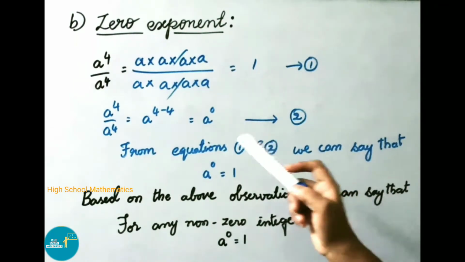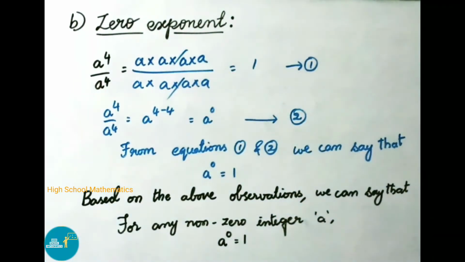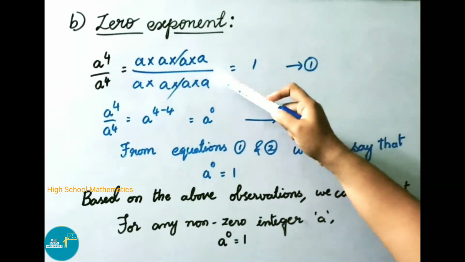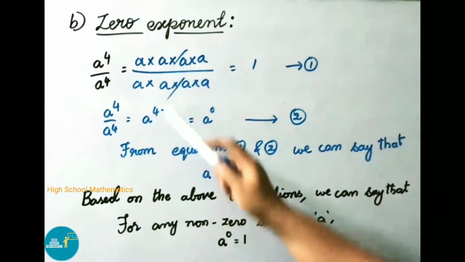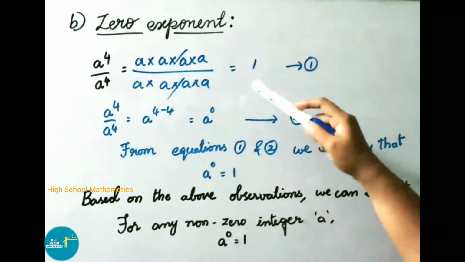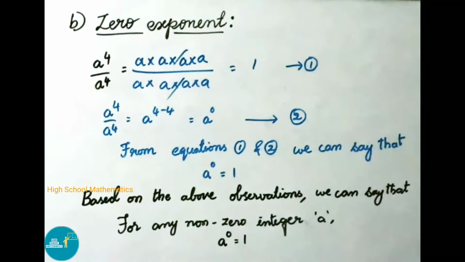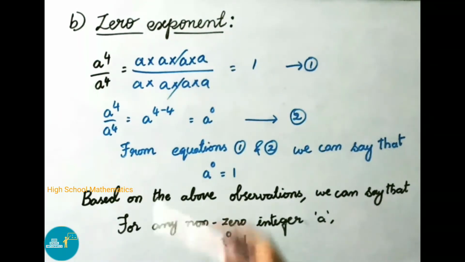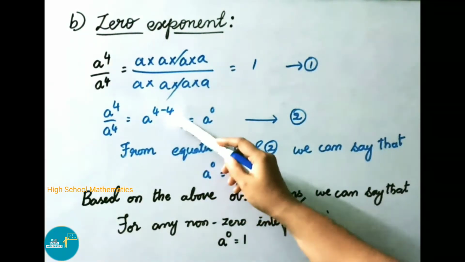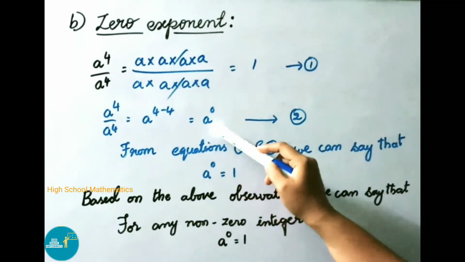Now another example, a power 4 by a power 4. That equals a power 4 means a multiplied 4 times, divided by again a power 4 means a multiplied 4 times. Now let us cancel numerator and denominator. That equals 1. It is equation 1. Now a power 4 by a power 4, we apply the law a power m minus n, that is a power 4 minus 4, that equals a power 0.